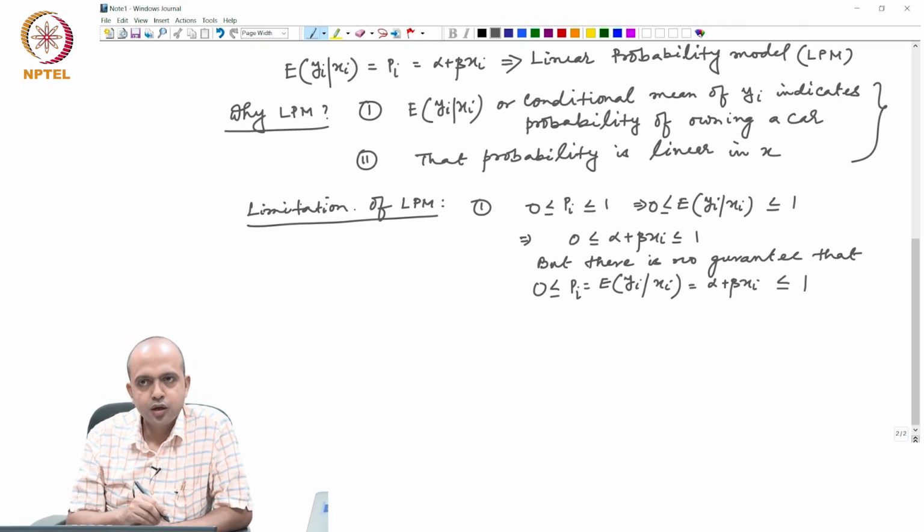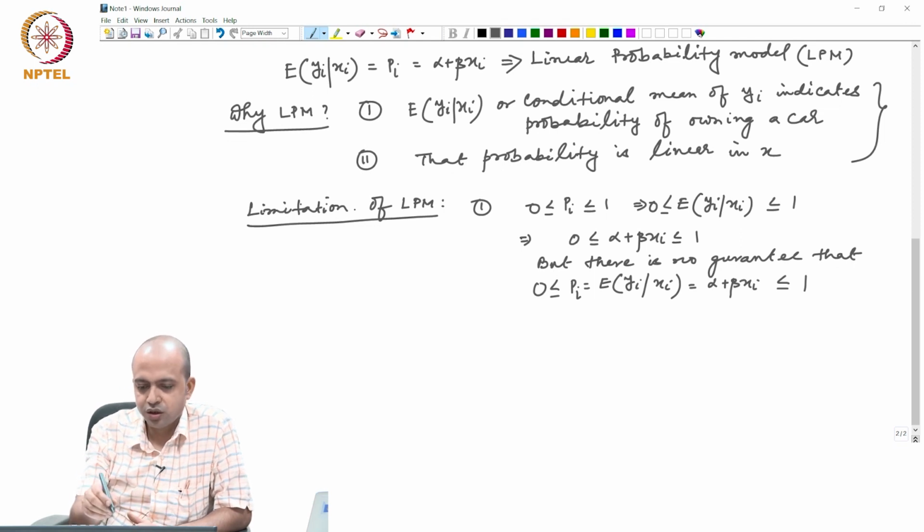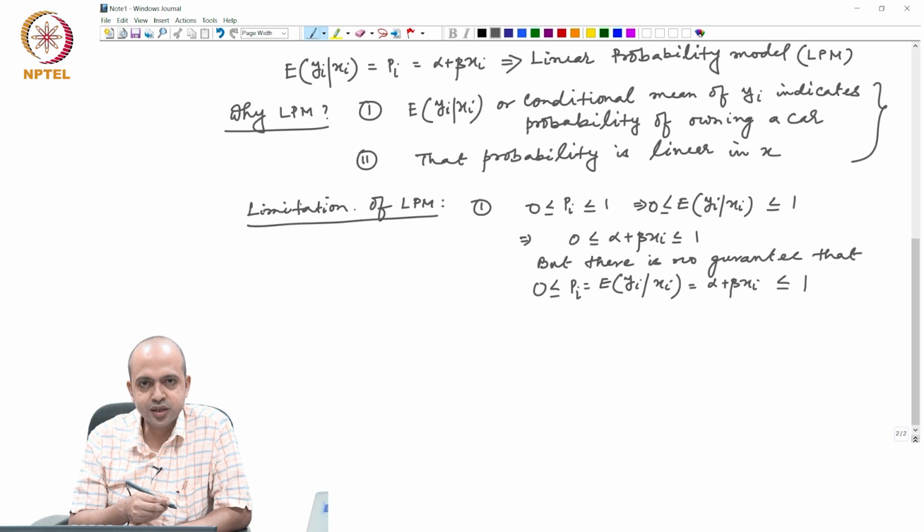And secondly, can we estimate the model Pi equals alpha plus beta xi using OLS? When I say the expectation of yi given xi equals alpha plus beta xi, can we estimate the model using OLS?